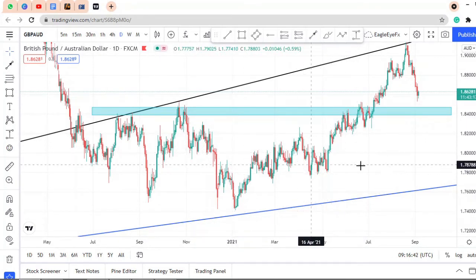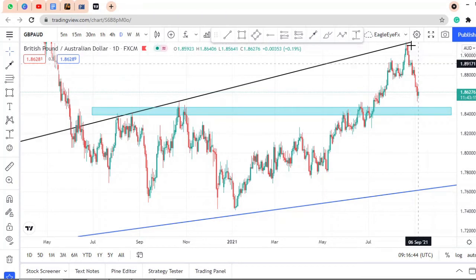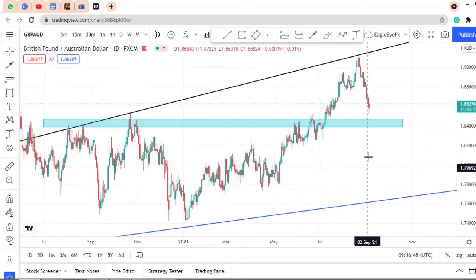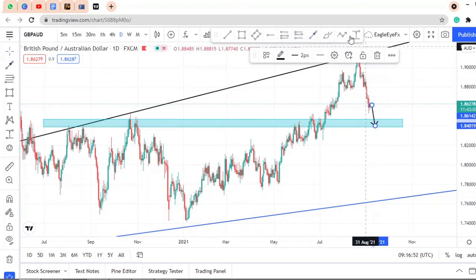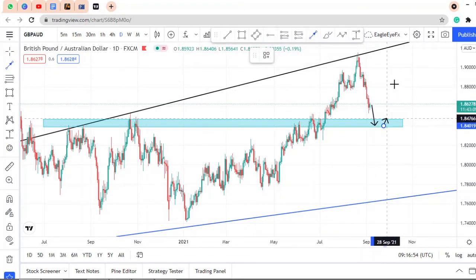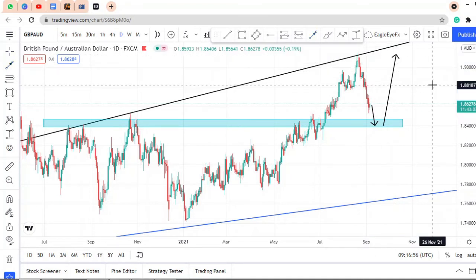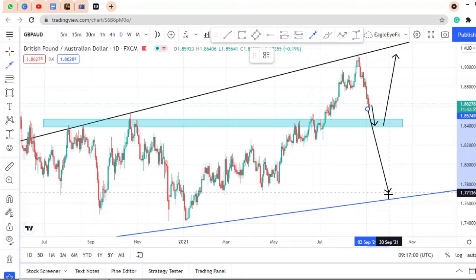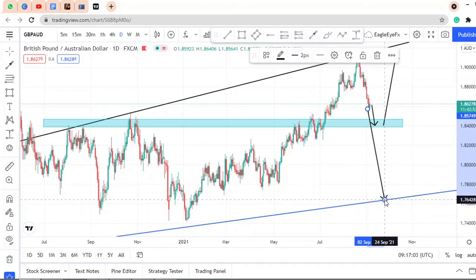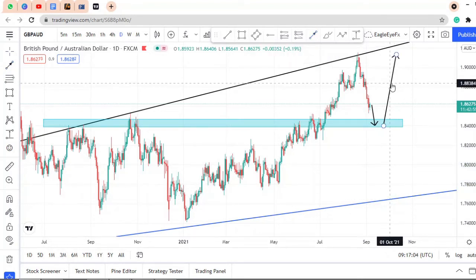Then you see this market was moving up to here, and this market now is trying to come down. So this market could easily come to this level before it goes back to that level, or this market could easily come and break and come all the way to this particular level over there.